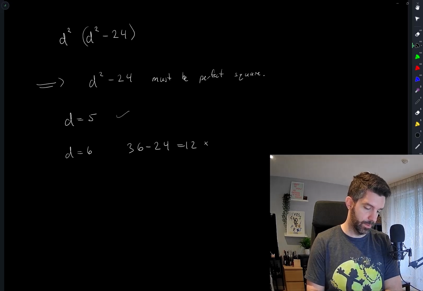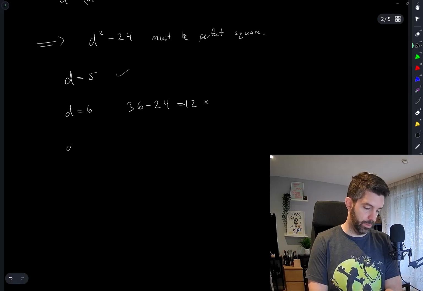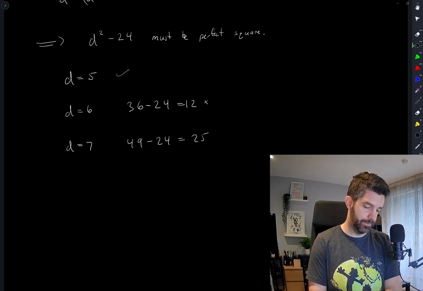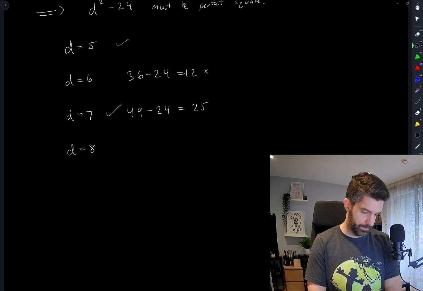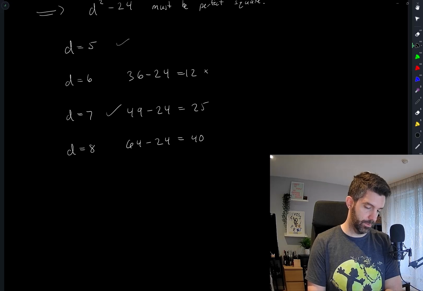That doesn't work. What about d equal to 7? 49 minus 24 is 25. Okay, so that works. d is equal to 8: 64 minus 24 is 40. So that doesn't work.